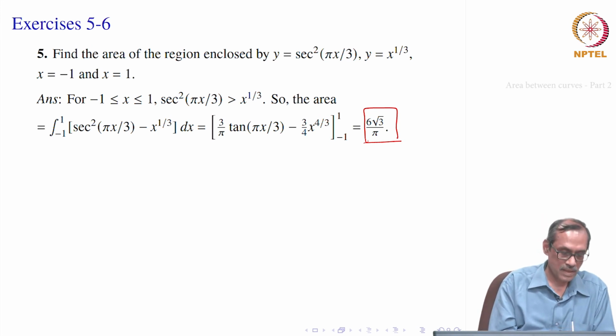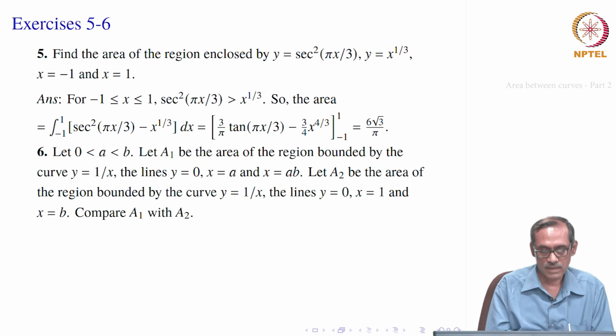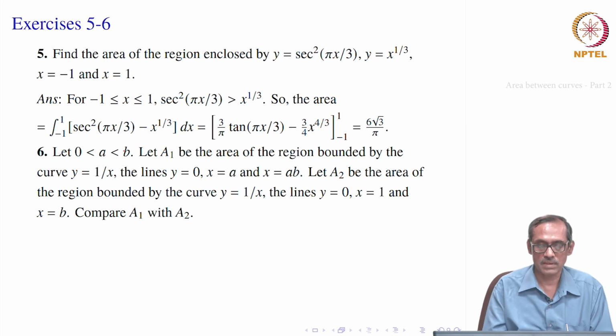Okay, so let us solve another. Let 0 be less than a less than b. So, there are two positive real numbers a and b, where a is less than b. A1 is the area of the region bounded by the curve y equal to 1 by x and the lines y equal to 0, x equal to a and x equal to ab.